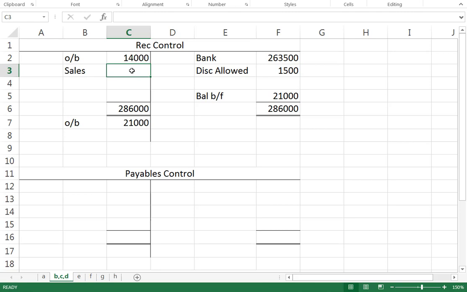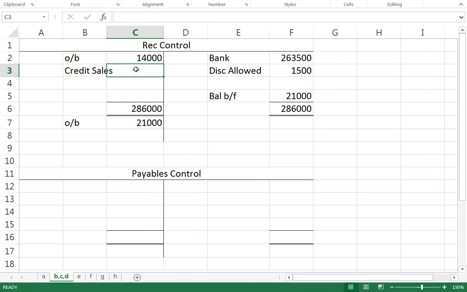Okay, so what have I done? I have put in all of the numbers that I knew, and whatever is left then has to be the sales figure. And that I should of course say credit sales, because of course we may have cash sales here. So I've got my credit sales, and that is going to be 272,000.